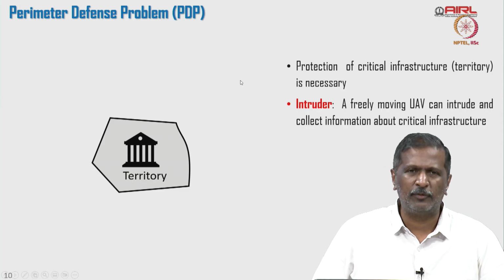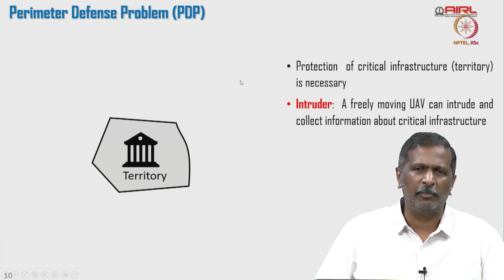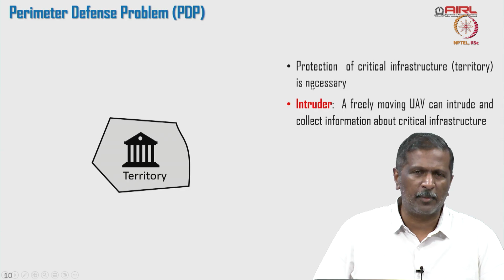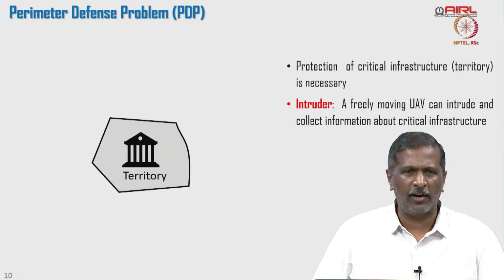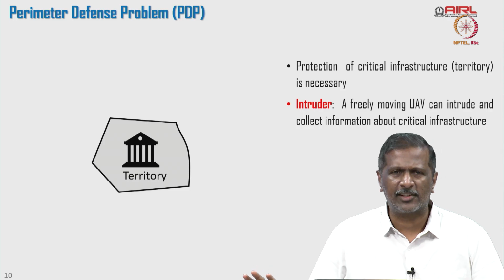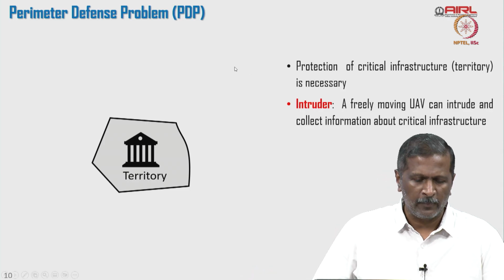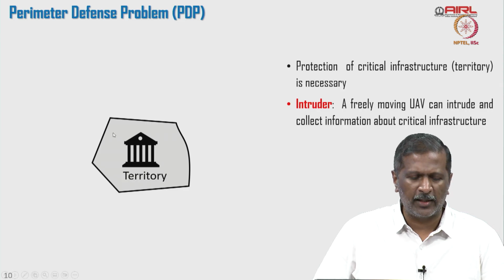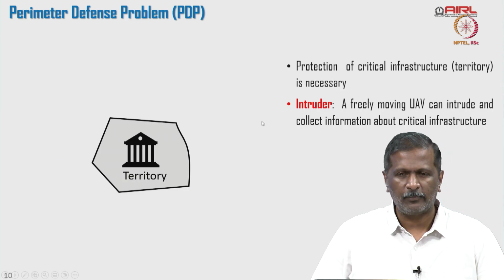I do not want anybody to fly over so that they do not get the information about this particular region. It could be your airport, or your army installation, or your oil refineries or factories. Some safety critical infrastructure is what we are looking at. The area is defined by you. I do not want any intruder within this area, right.